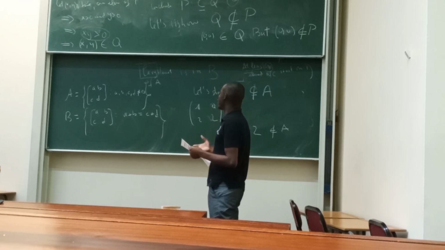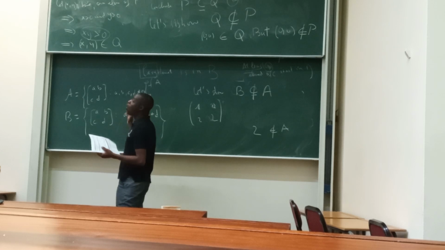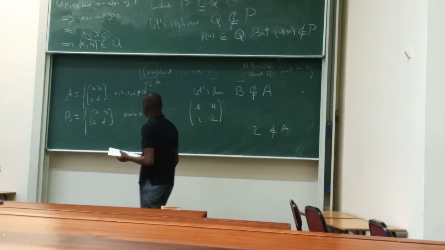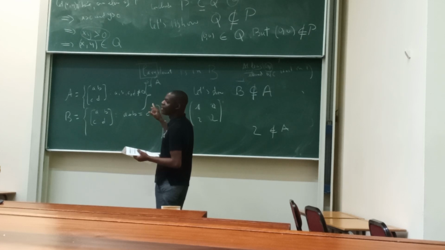It is not clear, because it could be that A, B, C, one of them could be different of 0. So you have to be careful the way the statement is written.